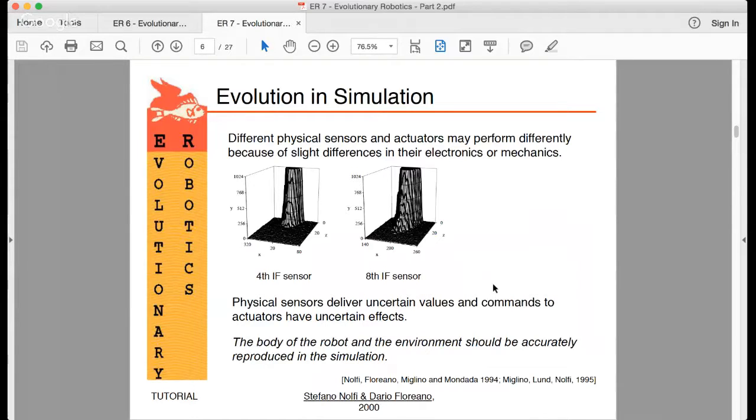These graphs display the activation state of two sensors of a single Khepera placed at different angles and distances with respect to a cylindrical obstacle. As you can see, the second sensor is sensitive within angle and distance ranges that are nearly twice as large as those of the first sensor.